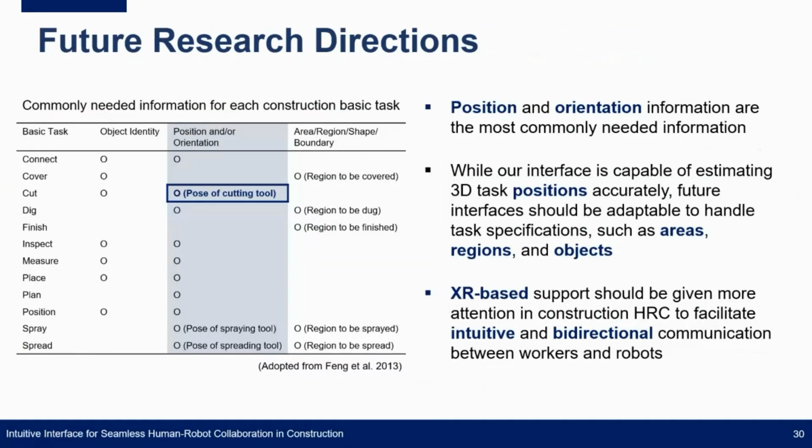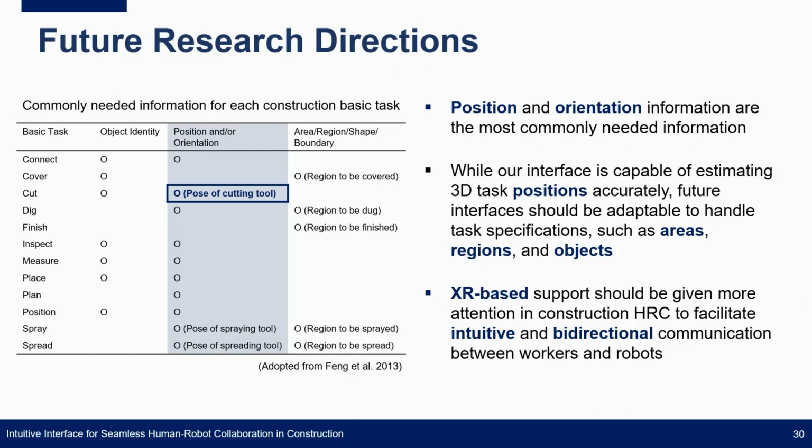There are several future research directions for developing human-robot interfaces in construction. One important aspect that we should consider is ensuring transferability of the interface across various tasks and scenarios. The left table shows a list of basic construction tasks and the common information required for each task.